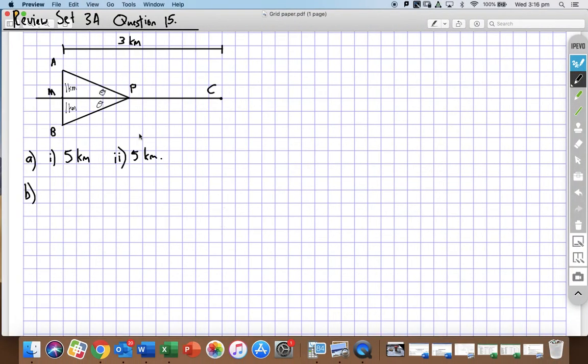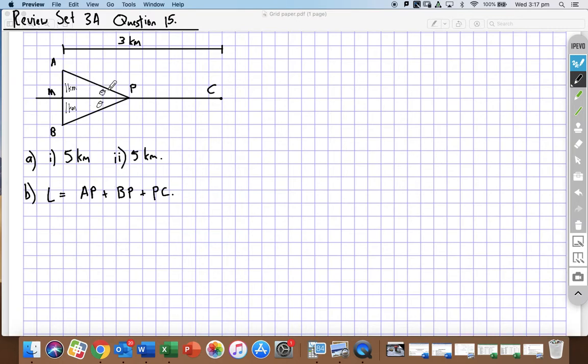So the length of cable is going to be made up of distance AP plus the distance BP, plus the distance PC, right? So imagine those 3 lines.